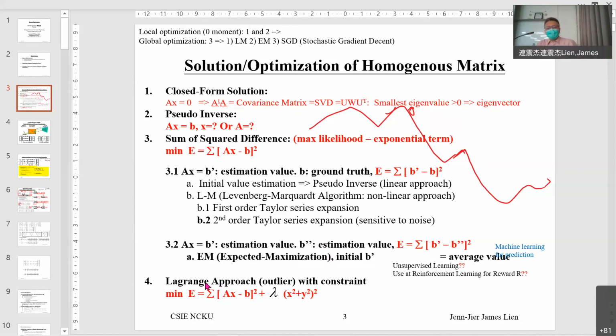And the last one is the Lagrange. I said right now many loss functions, before, were not solved using LM, because LM uses the second derivative and is a nonlinear approach. It's complicated. So right now most learning methods use gradient descent to solve these problems. Okay, but they have mean Bayes normalization, so they have a mean value here.